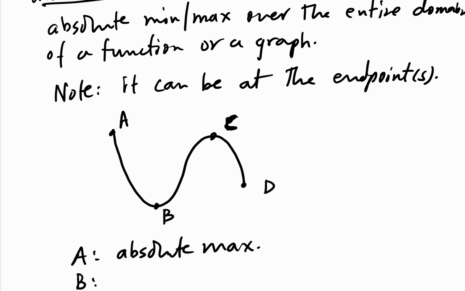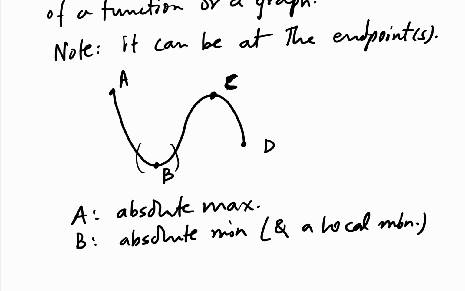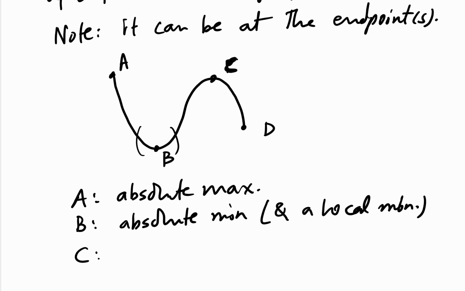B is the lowest point the graph can reach. It's an absolute min. And guess what? It is also a local min, because it's within this neighborhood. That's the lowest point. How about C? C is only local max. And D, nothing. You cannot have local min or max at the endpoints.